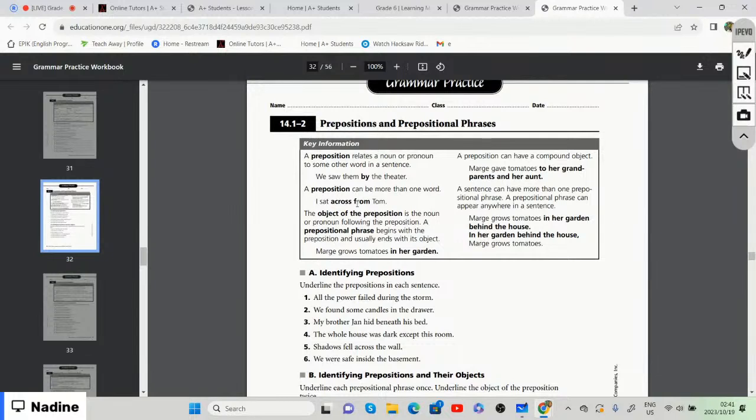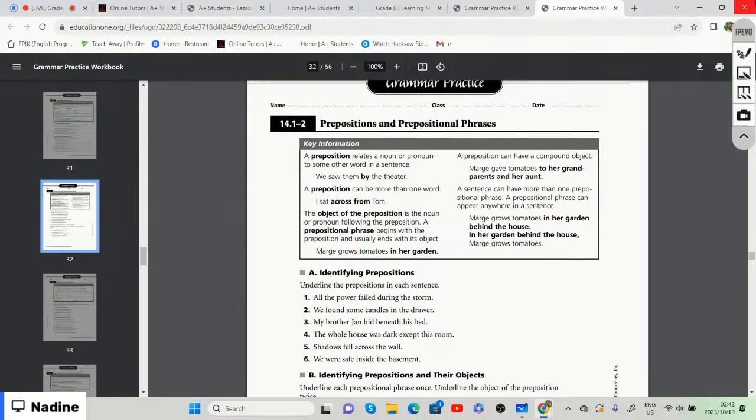And then a preposition can be more than one word. If it's more than one word, remember we said it is also a prepositional phrase.